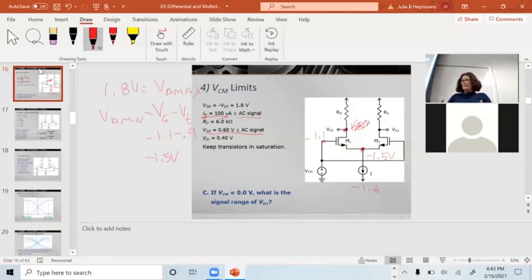Now, normally, let's think about op amps and how they work, because this will help you later on. If I take an op amp and I put 1/10 of a volt on the positive terminal and 0 volts on the negative terminal, and I leave it open loop, what happens?